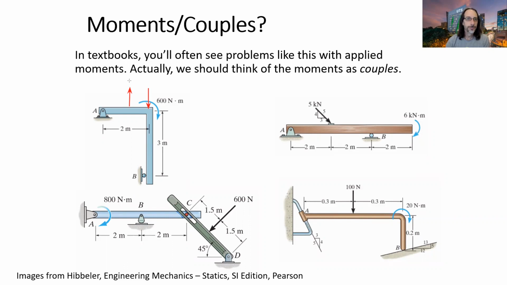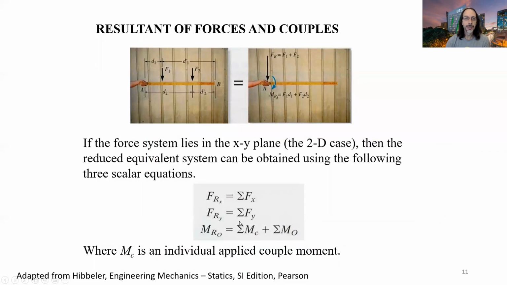So if these two forces were 600 newtons, what's the distance between them going to be? 1 meter, right? So we don't actually need to draw that in our analysis. If I go back to the previous page, we just need to add in the moment in our equation here.